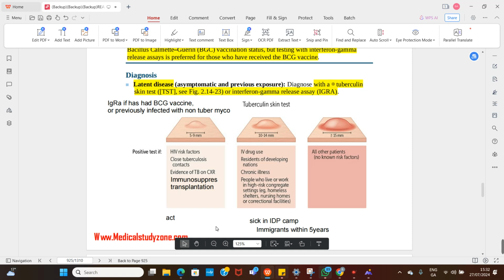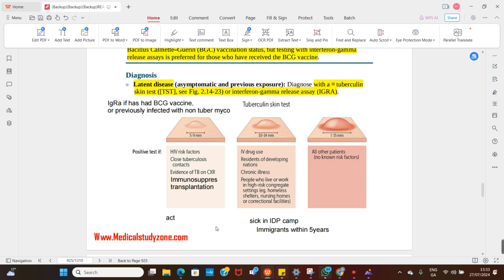Sick, meaning people with chronic illness, diabetes, malignancy; IV drug abusers; people that live in developing countries, residents of Nigeria, Ghana, Cameroon, Cambodia and the likes; and people that live in camps.